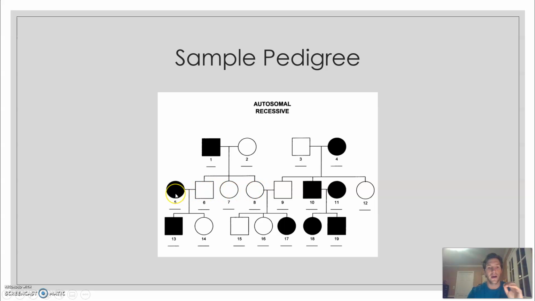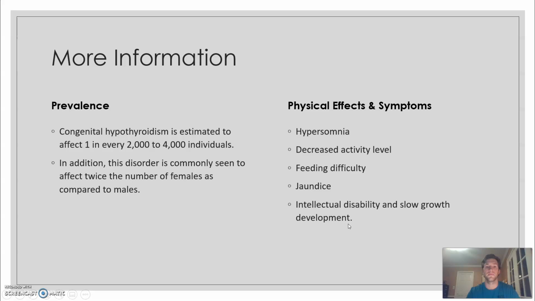However, when individual 5 marries the offspring, individual 6, we see that one of their offspring has the disorder, which means that individual 6 must be a carrier, and this is how we know the genetic disorder is recessive. We can see this also played out over here when two homozygous recessive individuals are both affected, and all of their offspring are going to have it.